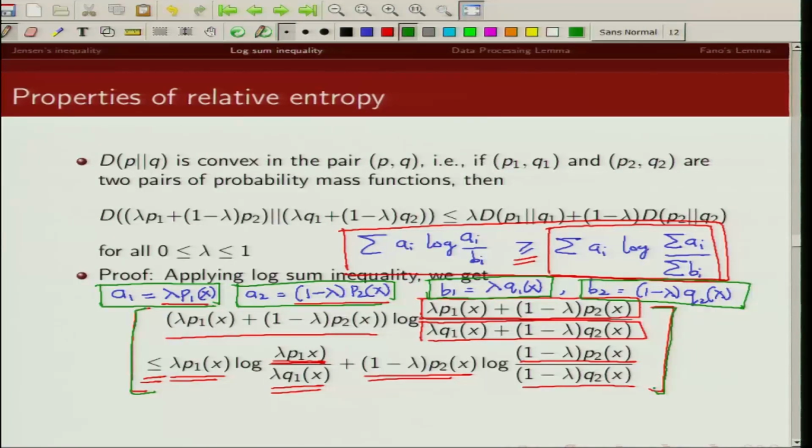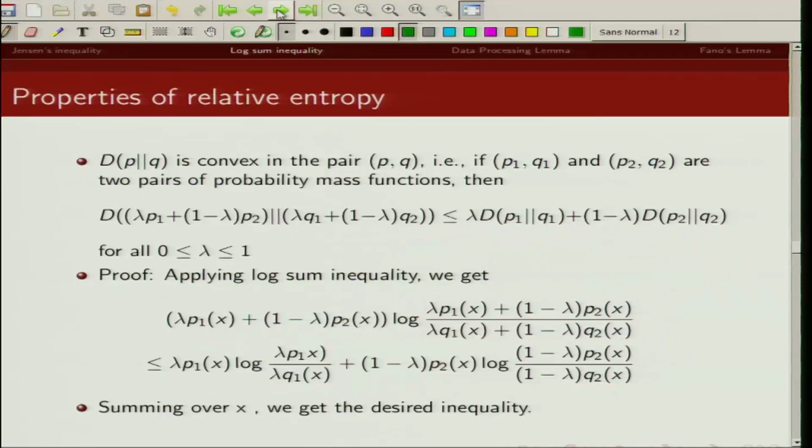Now, what is the next step? I sum it over all x. So what do I get here? You can think of a new probability, which is lambda p1 x plus 1 minus lambda p2 x, and another new probability, lambda q1 x plus 1 minus lambda q2 x.